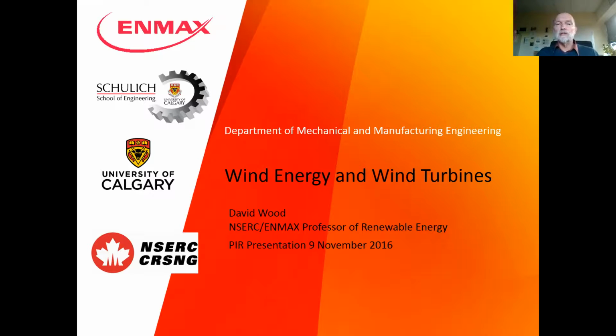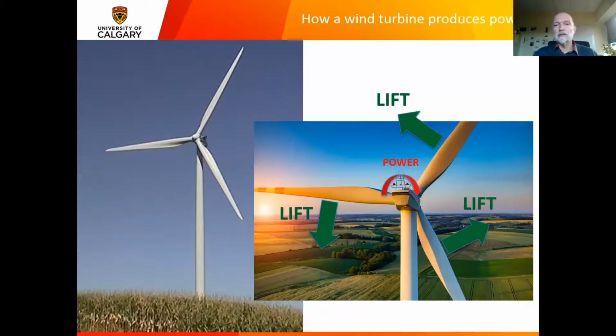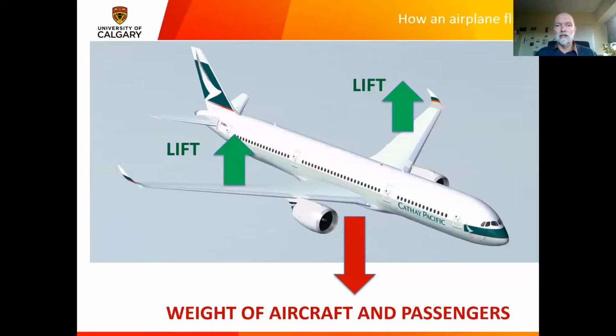So there's my title slide, which tells you who I am and where I come from. And I thought the easiest way to introduce the idea of wind energy, or how wind turbines work, is to look at them in comparison to an aircraft. I'm sorry that my presentation is advancing without me knowing.